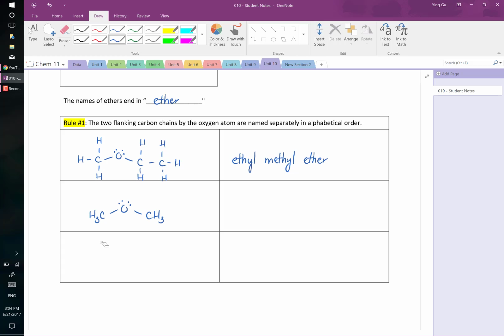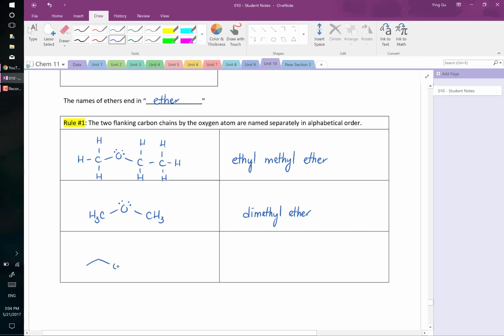In this case we have 2 methyl groups on either side. They are equal in size. Whenever we have 2 parts that are equal, we use the prefixes di, tri, tetra, and so forth. In this case, there are 2 of them, so this is dimethyl ether.